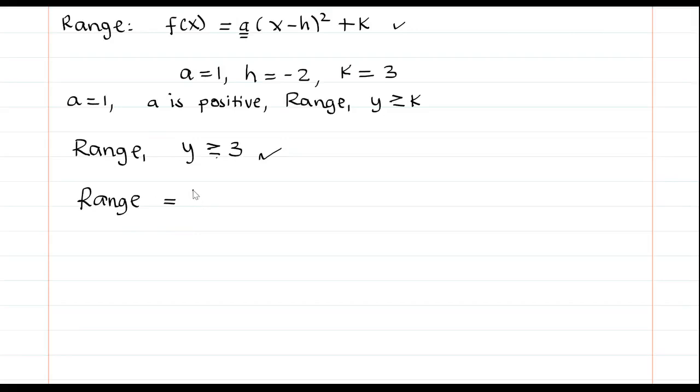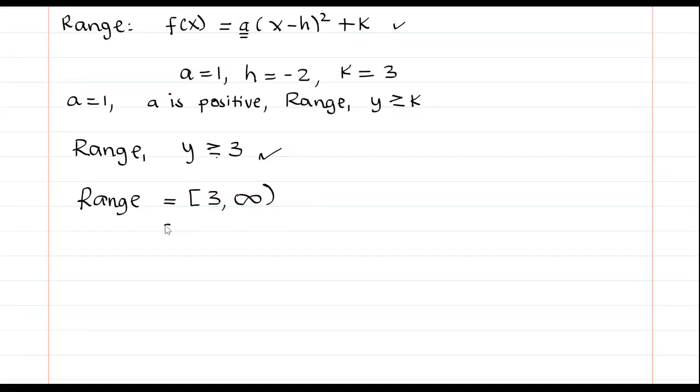So our range starts from positive 3 inclusive. So you put a square bracket and then it increases, or goes above 3, to positive infinity. So this is the range in the interval notation.